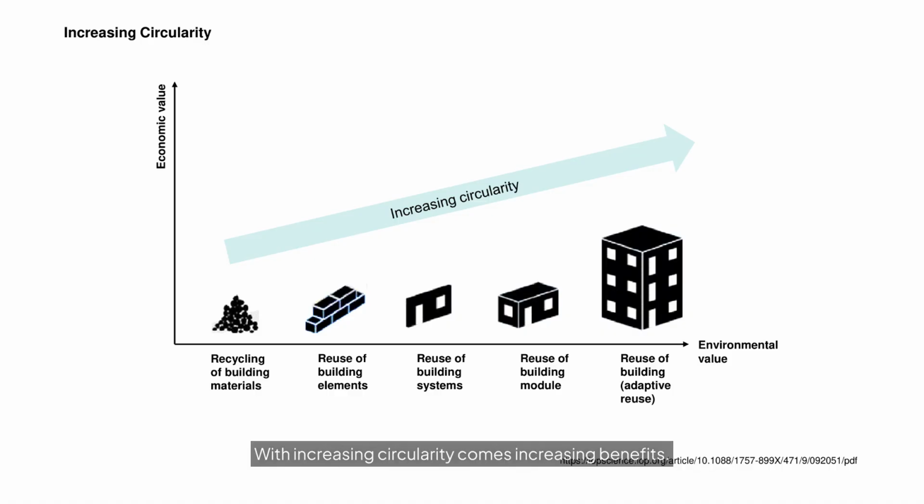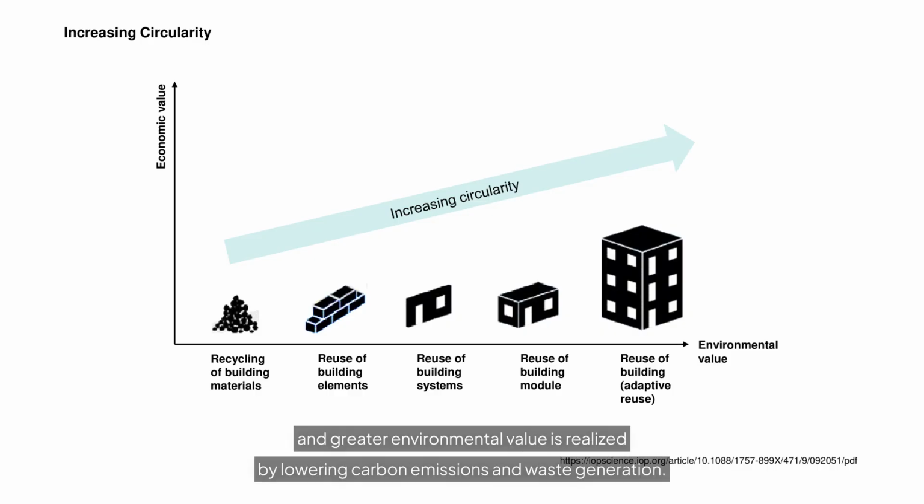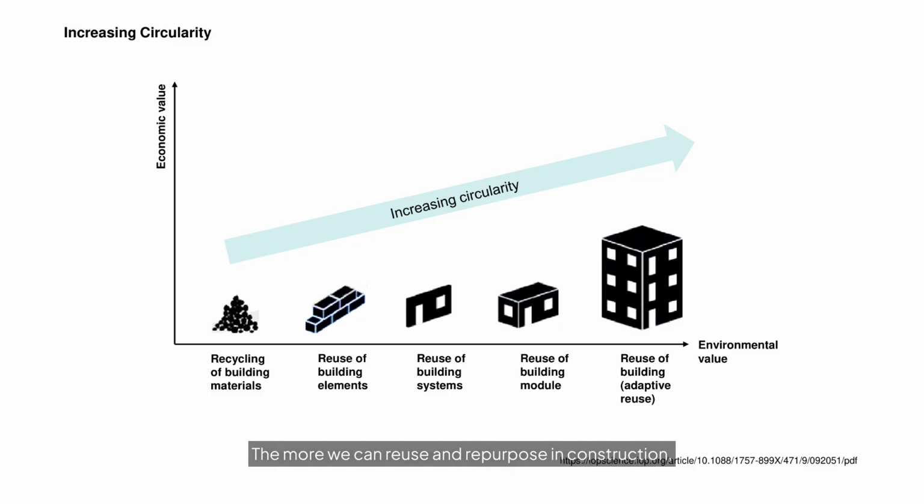With increasing circularity comes increasing benefits. Greater economic value is achieved through savings on material costs, and greater environmental value is realized by lowering carbon emissions and waste generation. The more we can reuse and repurpose in construction, the bigger the win for both the economy and the environment. Each step towards higher reuse is a step towards a true circular economy in the building industry.